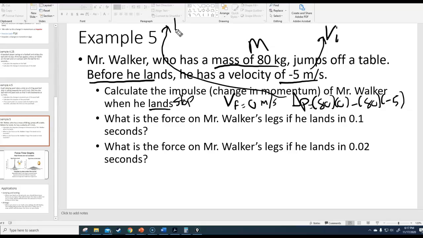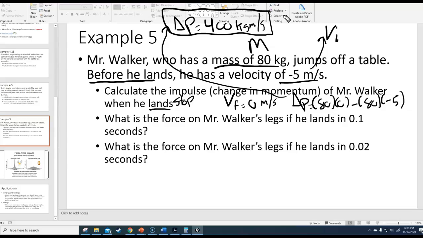And so that means my change in momentum is going to be 0 minus negative 400, because 80 times 5 is 400. Okay, so my change in momentum is actually going to be positive 400 kilogram meters per second. It's going to be positive because when you subtract a negative, you get a positive value. So my change in momentum is going to be positive 400 kilogram meters per second.